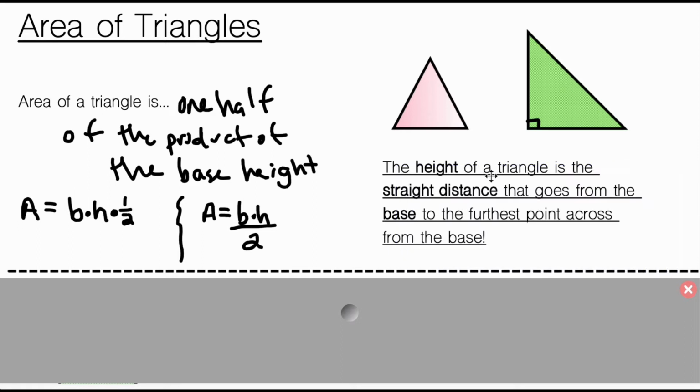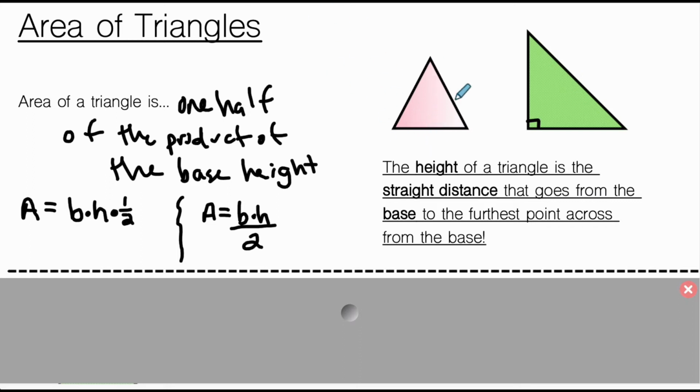But anyways, I've written this out for you, so let me just move this out of the way. The height of a triangle is, remember yesterday, straight. It's the straight distance. And that straight distance needs to go from whatever side we're calling the base to the furthest point across from the base. So let me explain that using a little bit of drawing on here.